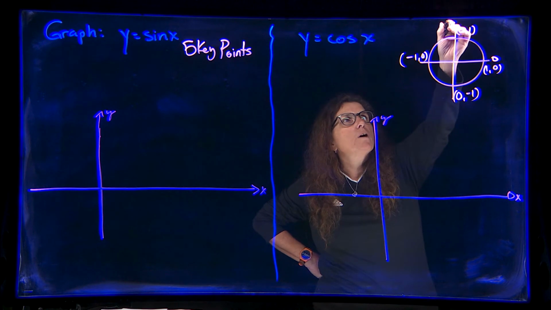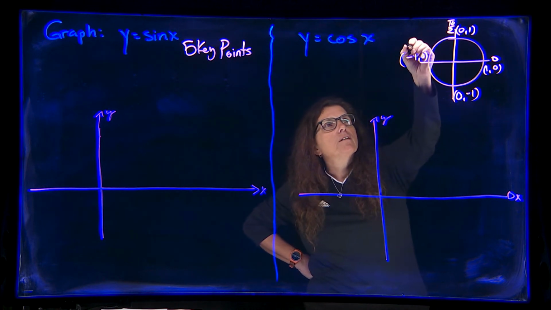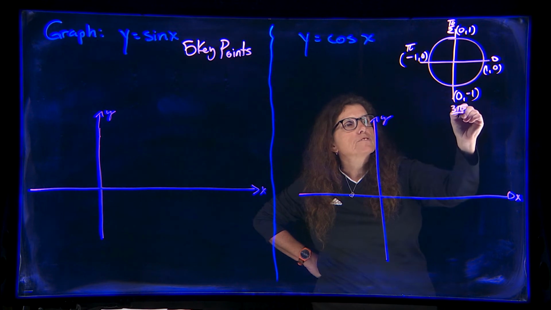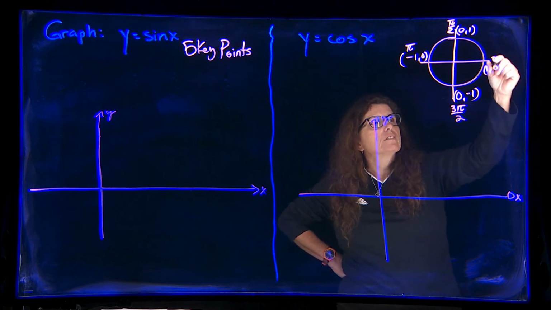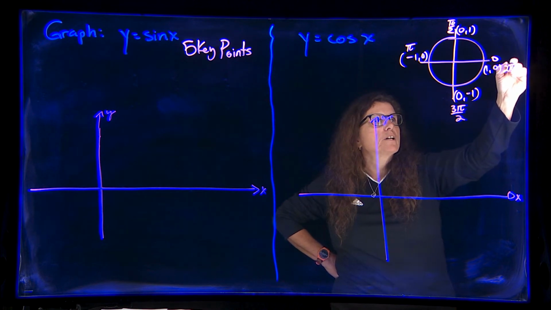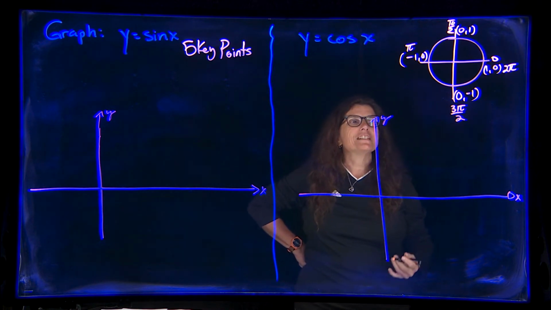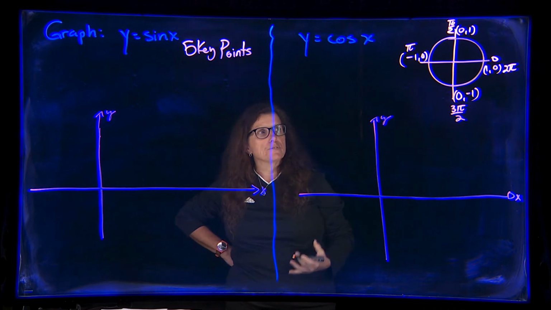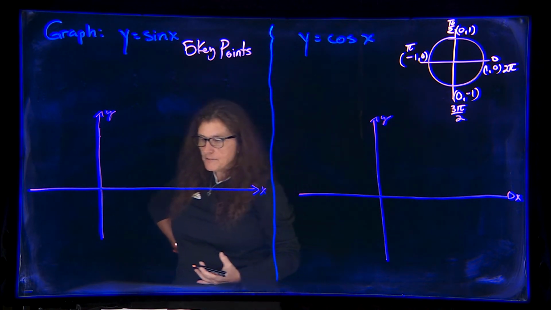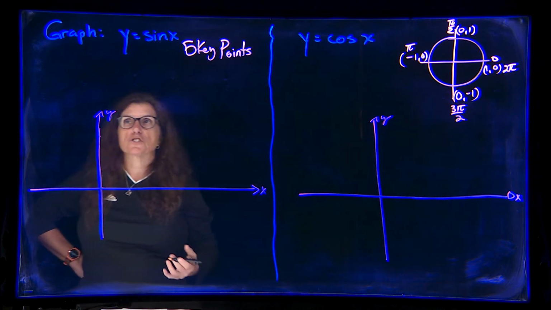Then we go to pi over 2. Then we have pi, 3 pi over 2, and 1 full revolution around the circle. Of course, we end up at 2 pi. So these are our x values, our main key points for graphing any kind of trig functions.